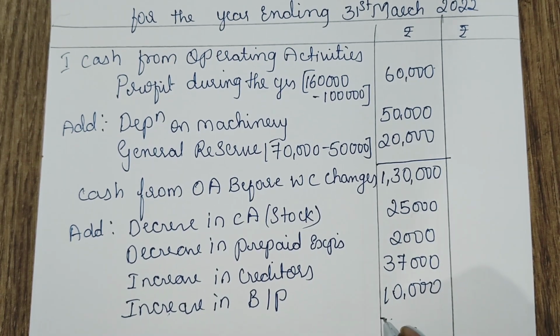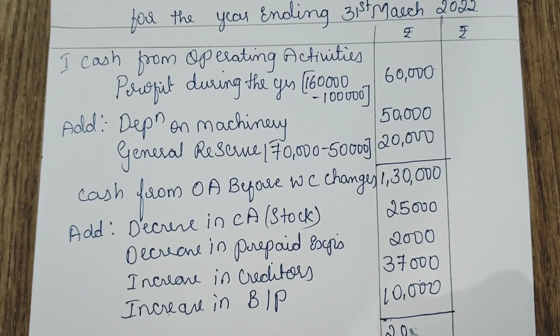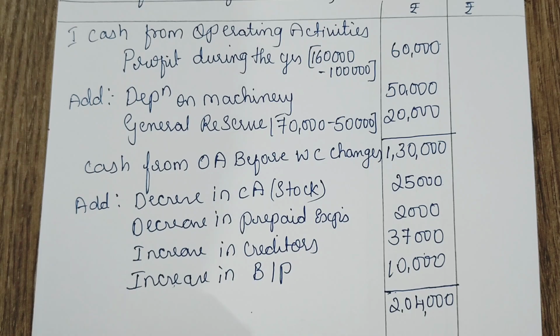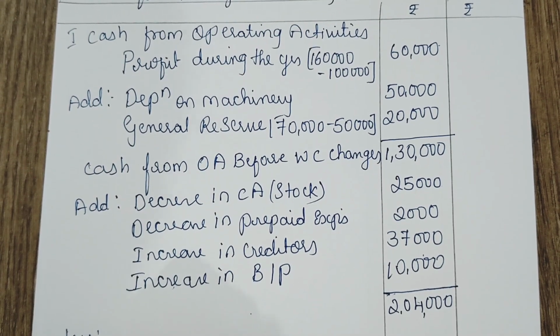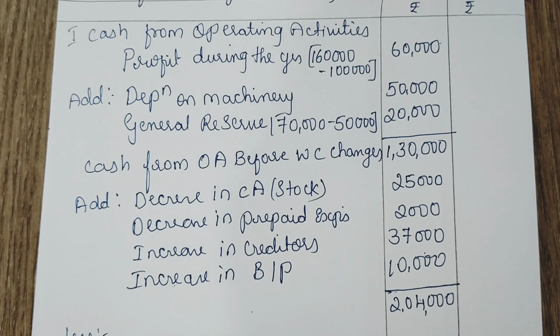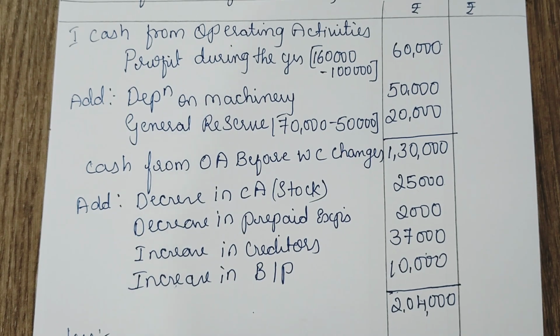The total is 2 lakh 4,000. Now less we have profit on sale, because the cost which is during the year 2000, which was sold for 8,000, it had a cost of 12,000.